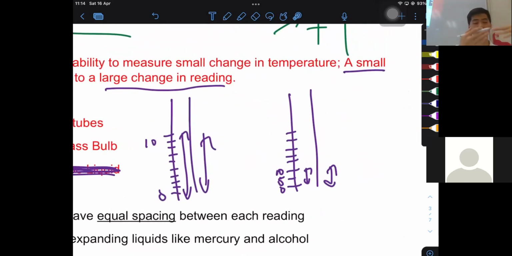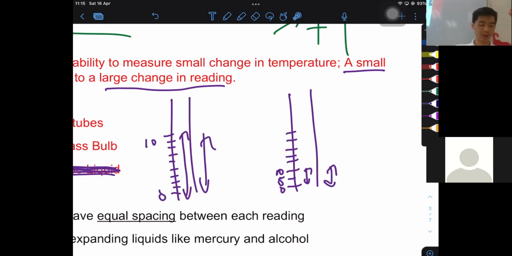Let's say, for example, right now the difference in temperature is 10 degrees Celsius. Obviously, this is going to be better sensitivity, and this is going to be not so good sensitivity, right? It starts from 0 to 10 degrees Celsius here. If today I change 10 degrees Celsius, the reading will be this, because I have 0, 1, 2, 3, 4, 5, 6, 7, 8, 9, 10. The distance measured is going to be here.